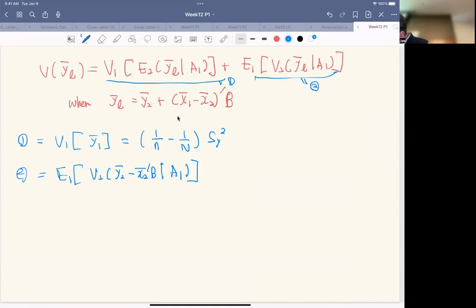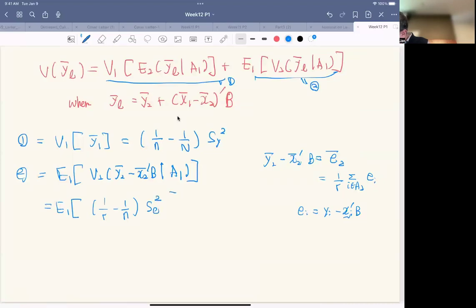So you can write it. If you define this as E i, this is just the mean of the E i's in the second phase. Why do we do that?